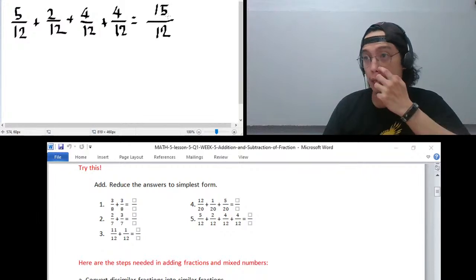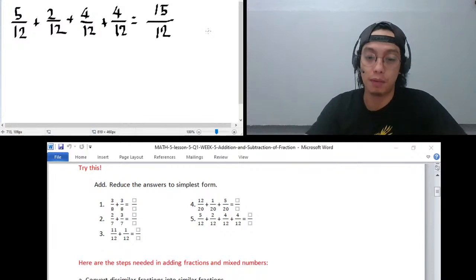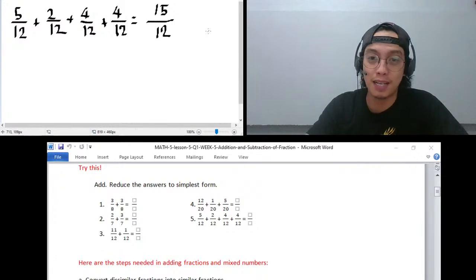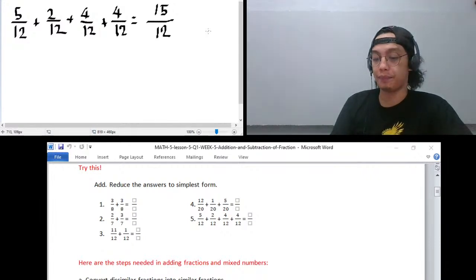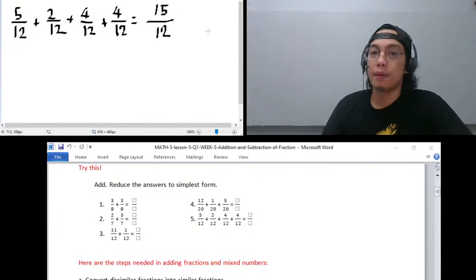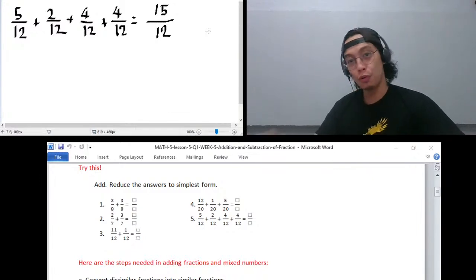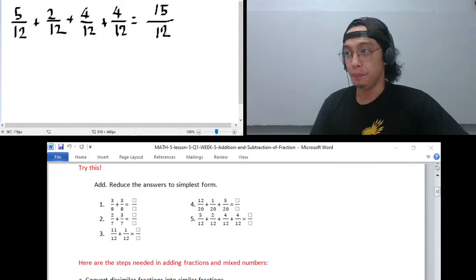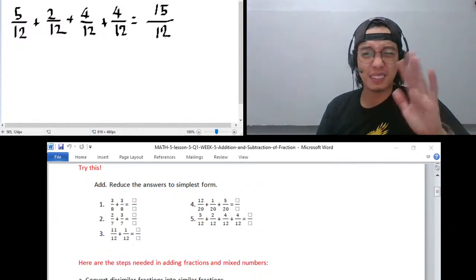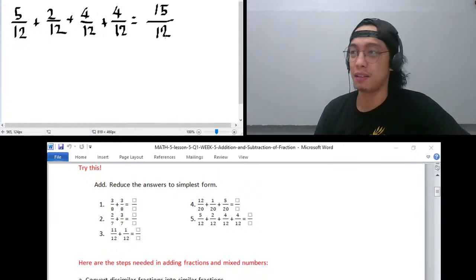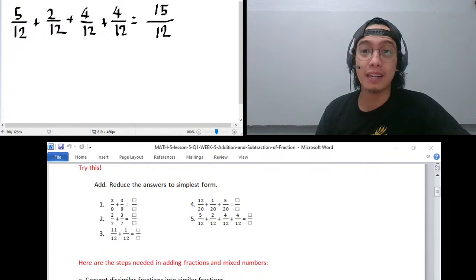Ato i-verify sa calculator. 5 plus 2 plus 4 plus 4. Correct. 15. Okay. Masimplify pa ni siya. Pwede mo start og 2 onwards atong i-divide. 15 divided by 2, dili pwede kay naay remainder. 15 divided by 3, 5. 12 divided by 3, 4.